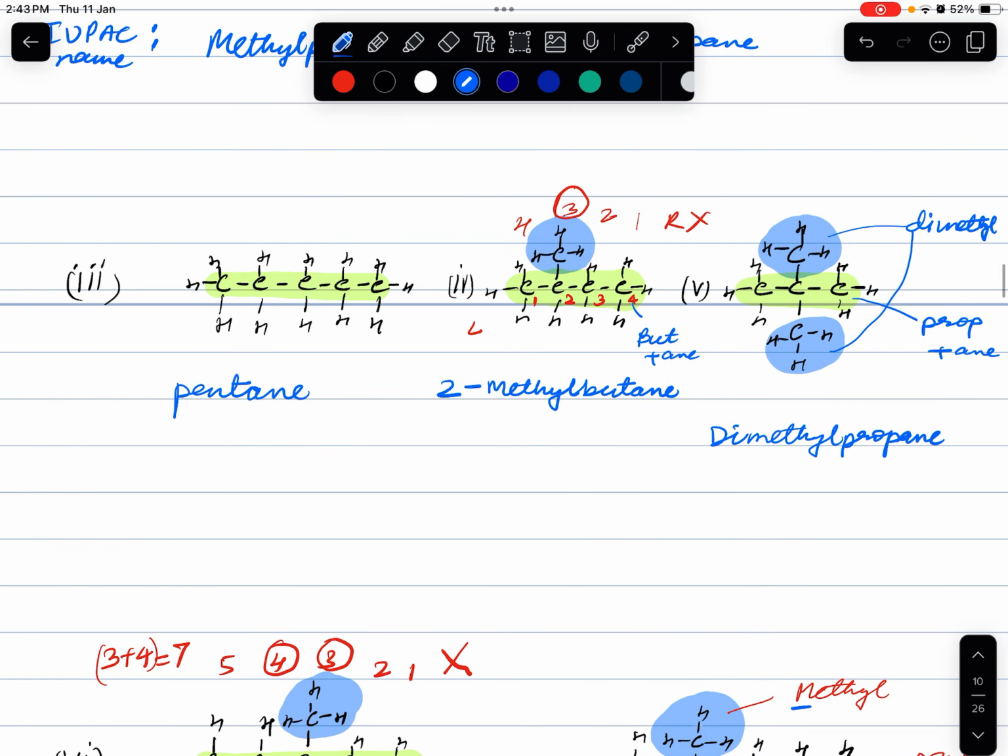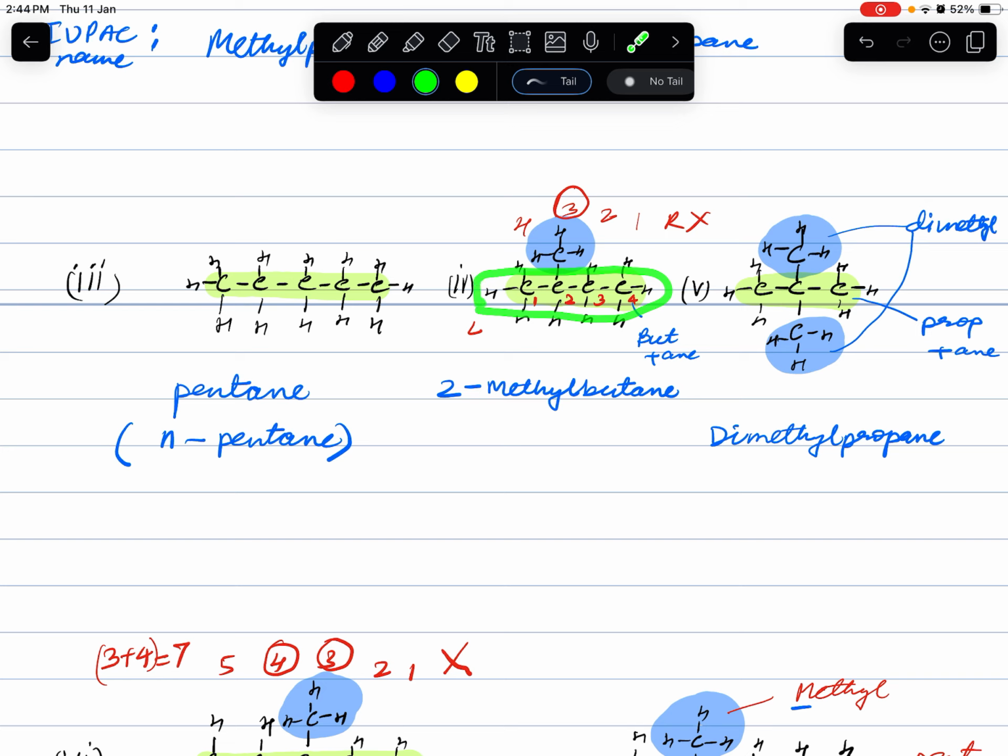So have a look here at the third, fourth and fifth structures. In your third structure, all carbon atoms are arranged in a straight line. How many carbons? 1, 2, 3, 4, 5. So on the basis of all the carbon atoms, the common name given to this compound is n-pentane, because all carbon atoms are arranged in the same straight chain. Now in the second example, four carbons are in a straight chain and one is in a branch at one point.